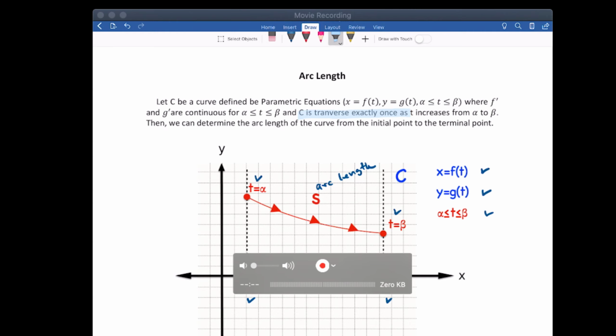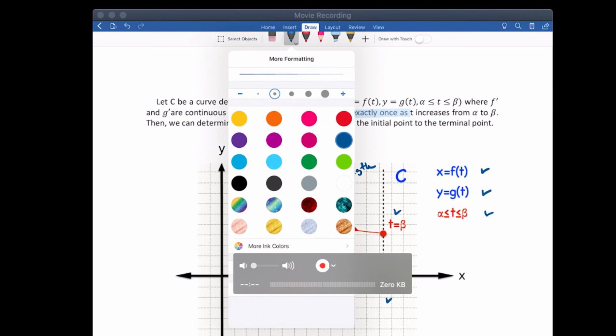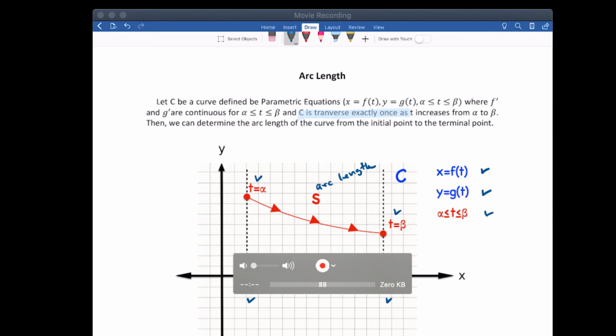If you have that, we can determine the arc length of the curve from the initial point to the terminal point. These are the assumptions you need: f prime and g prime, the derivatives of these two, need to be continuous. The reason is very simple: when you integrate, you have to integrate a continuous function over that interval.